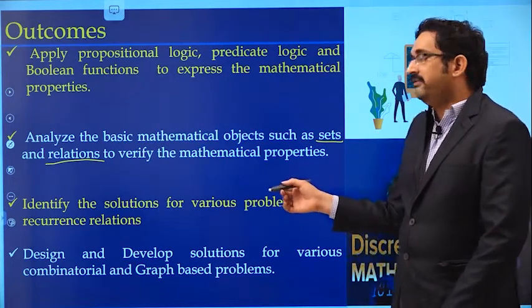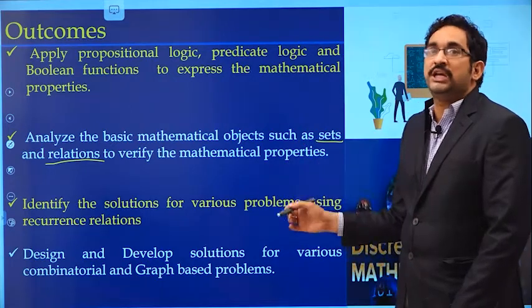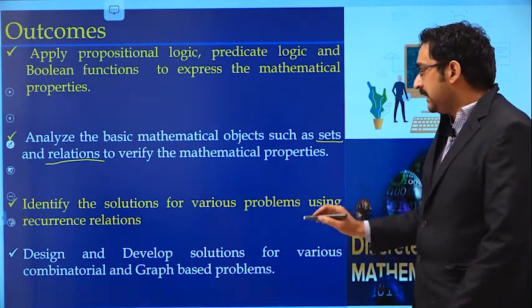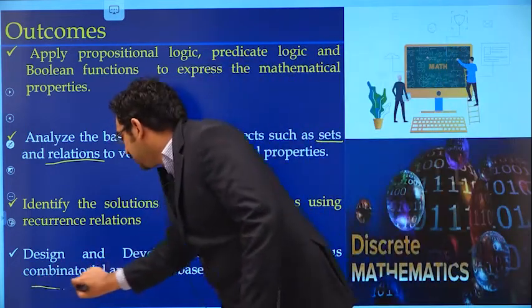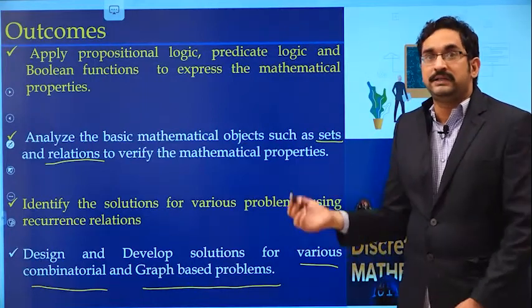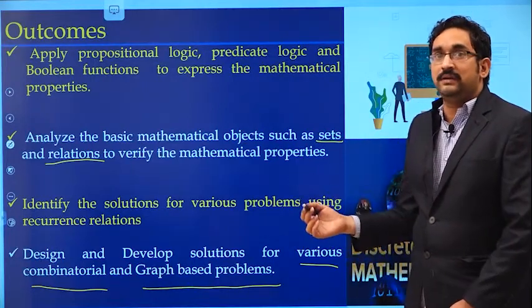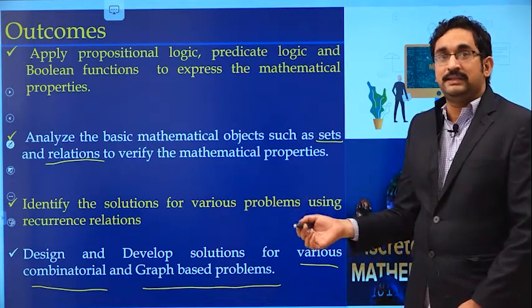Next, they will be able to find solutions for recurrence relations. Next, they can design and develop solutions for various combinatorial and graph based problems. These are the outcomes of discrete mathematical structures.